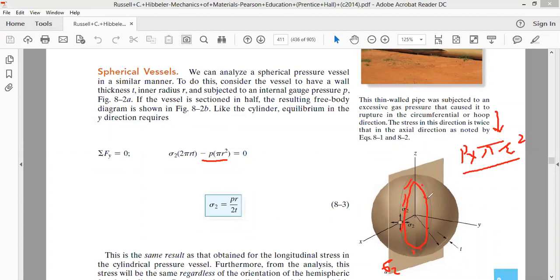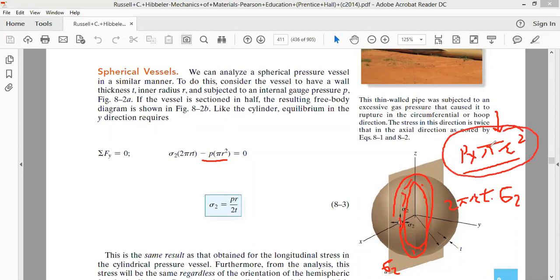The area where they are in contact with each other is equal to 2 pi r, the circumference, multiplied by thickness t. In this region the stress is sigma 2, so this will be the force, and it will oppose the force because of pressure, which is P into pi r square.